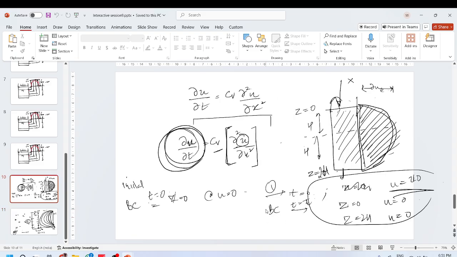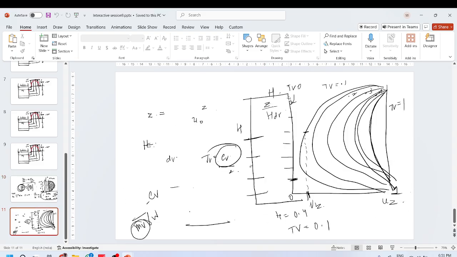What we have done is that we have made charts based on the isochrones, for different z/H and different Tv, different Uz, so that you calculate these quantities for your soil, and based on these quantities, you look at these charts and you get to calculate your excess pore water pressure or hydraulic head.